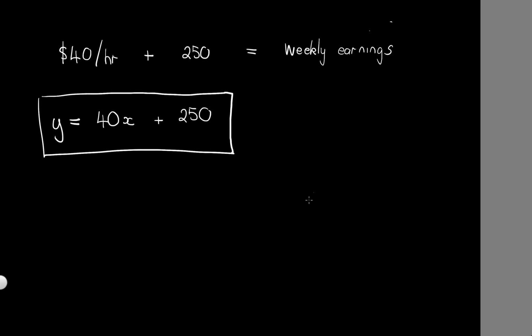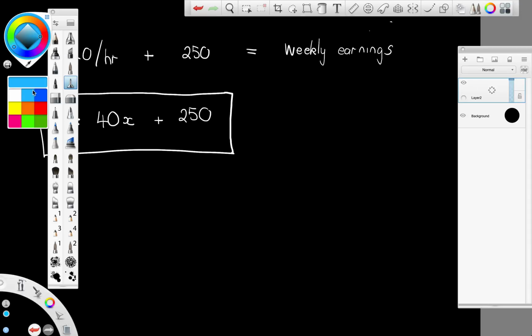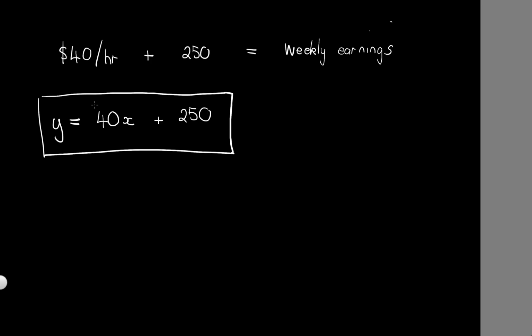Now what I want you to make sure you realise is that the hourly rate, which is here, is the gradient of the graph. So the gradient of our linear equation is the hourly rate.